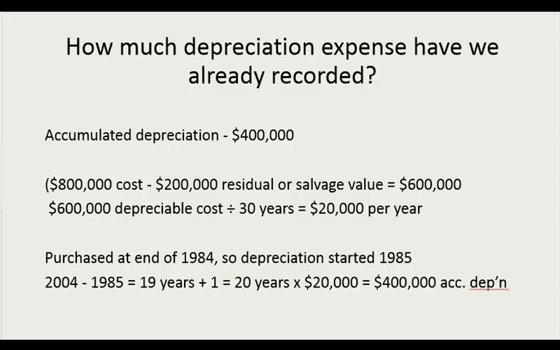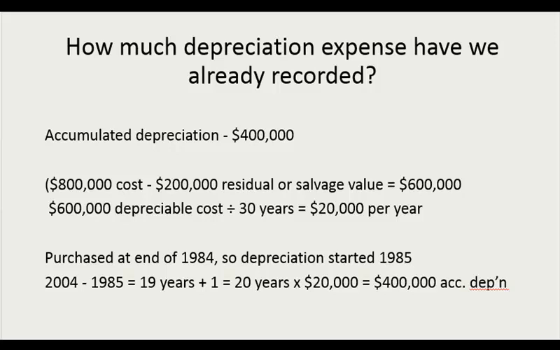That amount is the depreciable cost, the amount that we originally had planned on depreciating. And the useful life originally was estimated to be 30 years, so the annual depreciation expense that we have been taking was $20,000 per year.